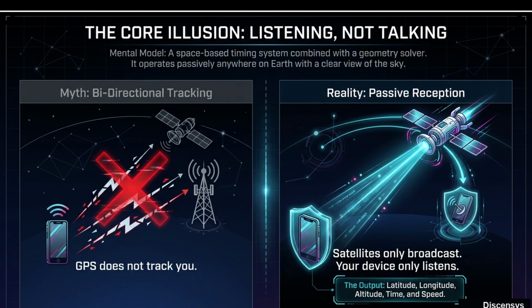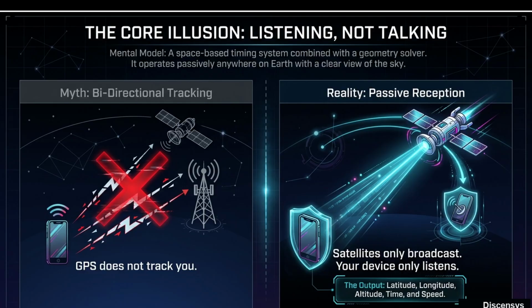Okay. First of all, there's an illusion in regards to GPS. GPS actually does not track you. GPS is completely based on the working of the satellites, and the satellites only broadcast signals to our device, and our device only listens.